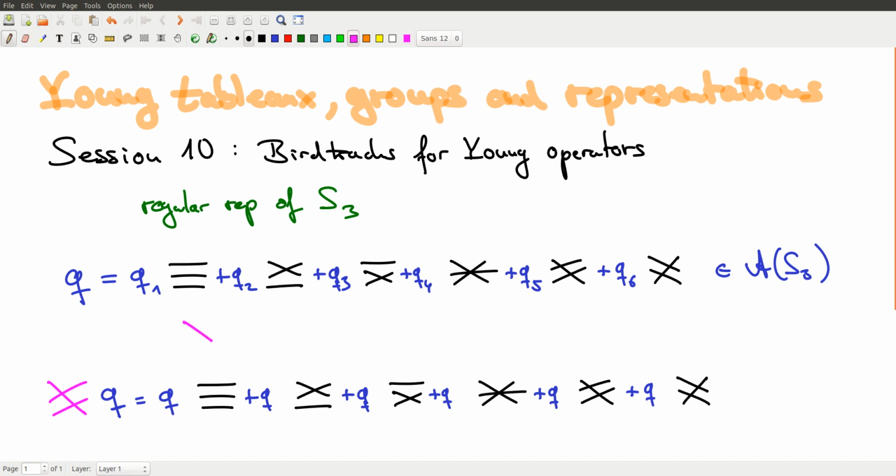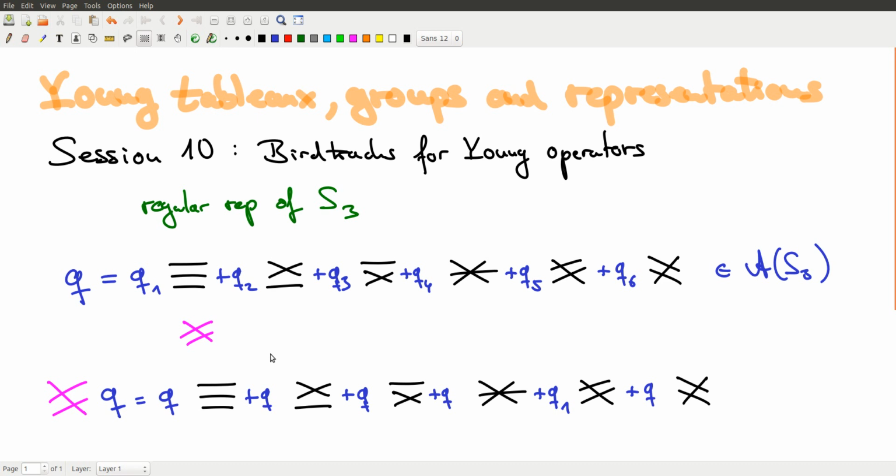So how does this go? If we multiply this with the identity, then of course we get back the same thing here. So the Q1 becomes the coefficient of this cyclic permutation here.